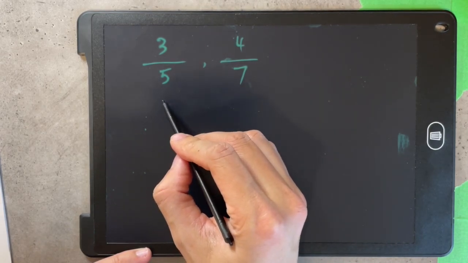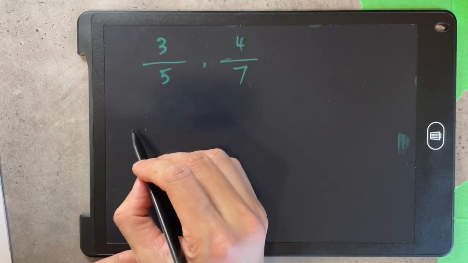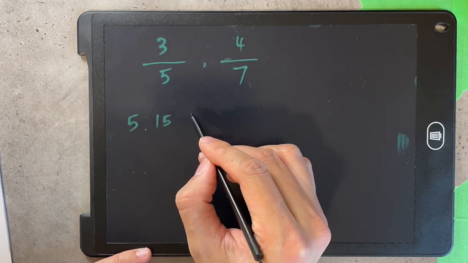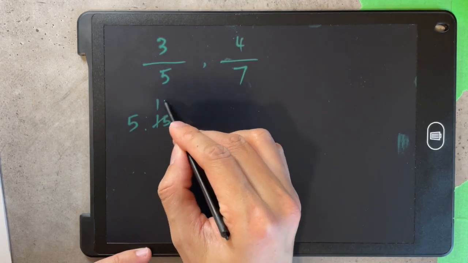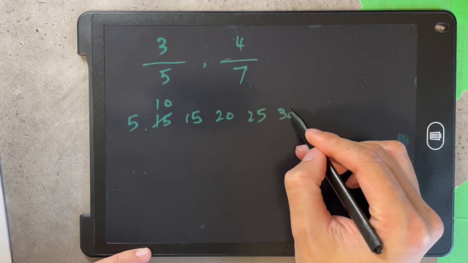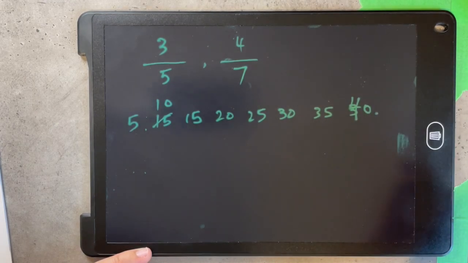So let's think of what the common multiples of 5 and 7 are. So we know that 5, 10, 15, 20, 25, 30, 35, and then I have 40.